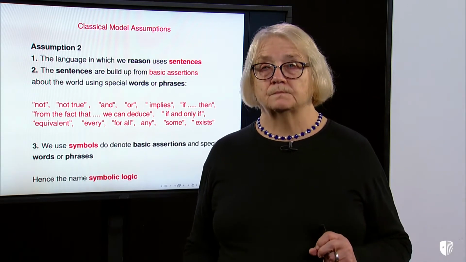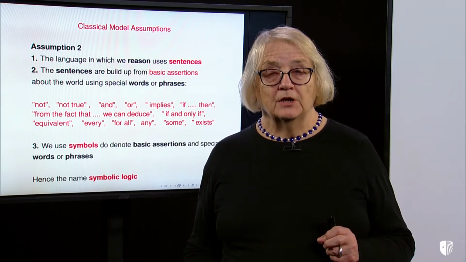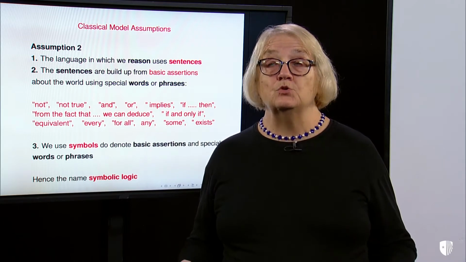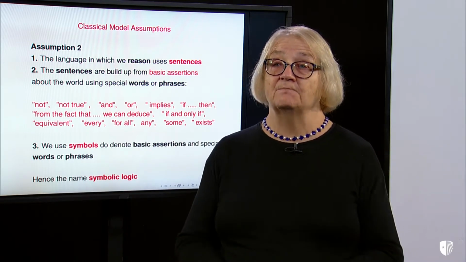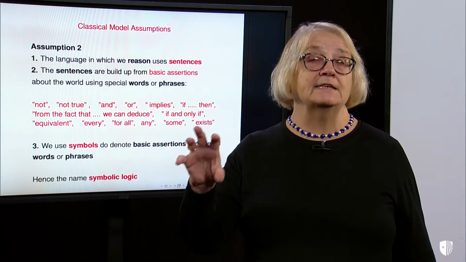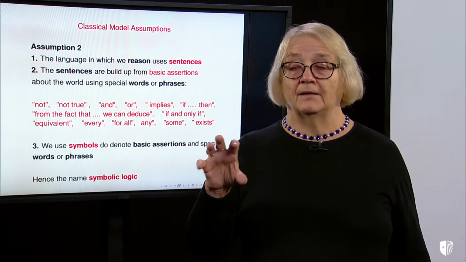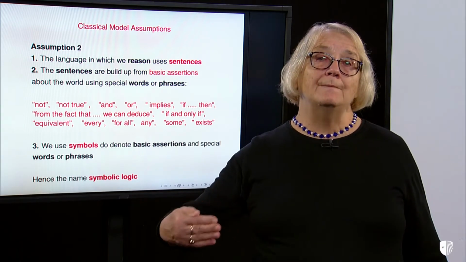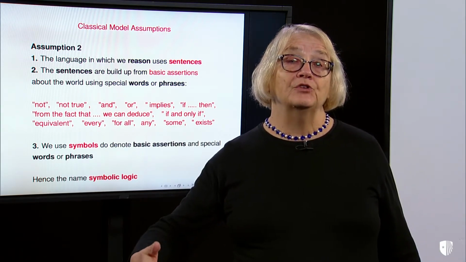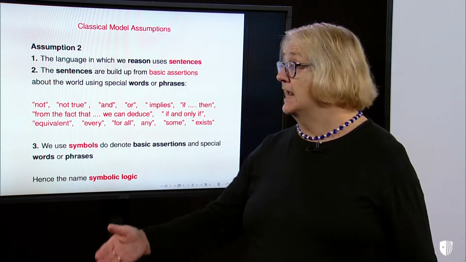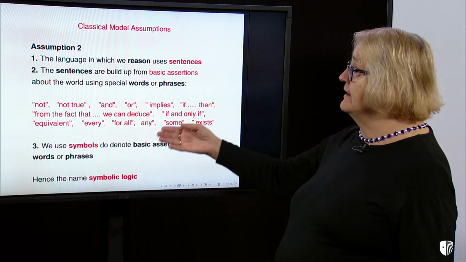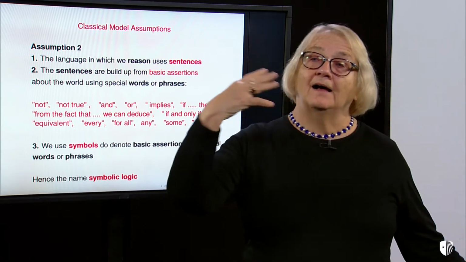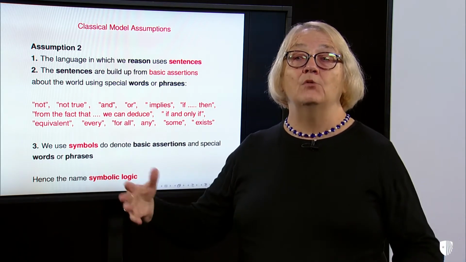And now the language in which we reason uses what are called sentences. Sentences are the smallest pieces, let's say. We build more complex ones using certain phrases, like not true, and, or, implies, if then, from the fact that we can deduce, equivalent.